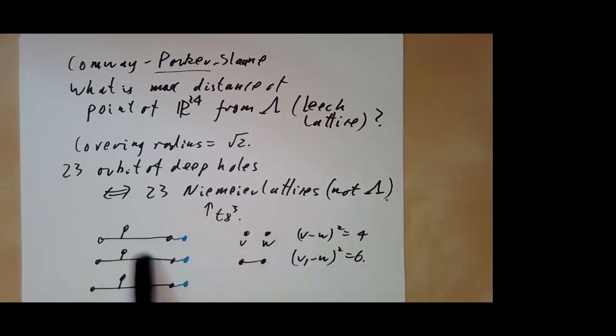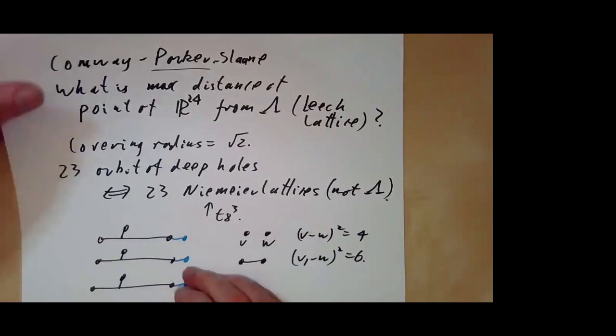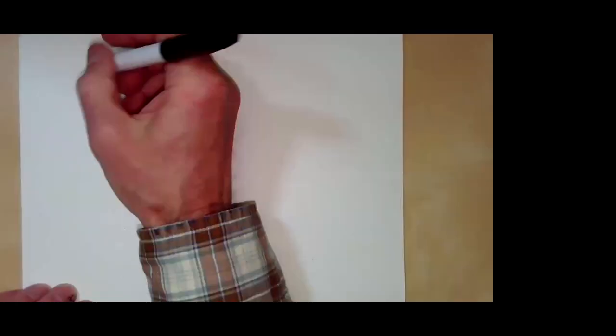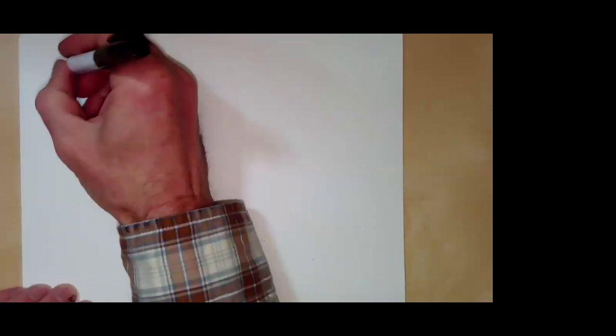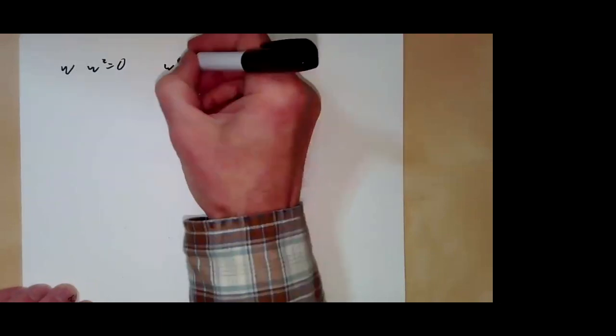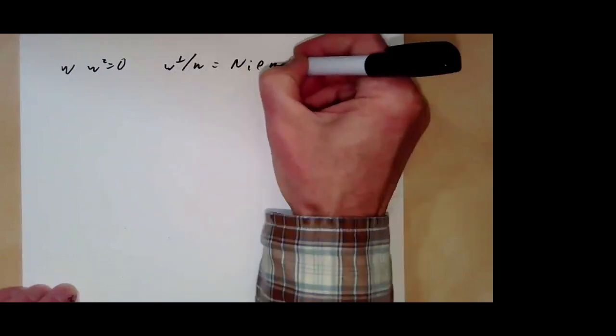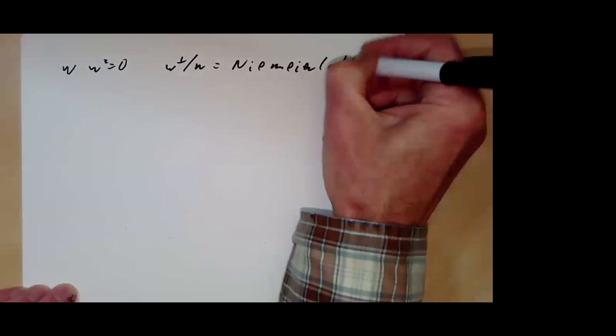It turns out there's a sort of explanation for this using the 26-dimensional Lorentzian lattice. What you do is take a vector w with w^2 = 0 and w perp over w equal to a Niemeier lattice.